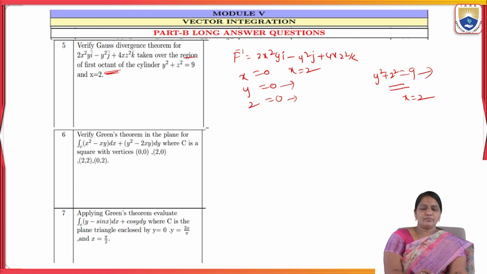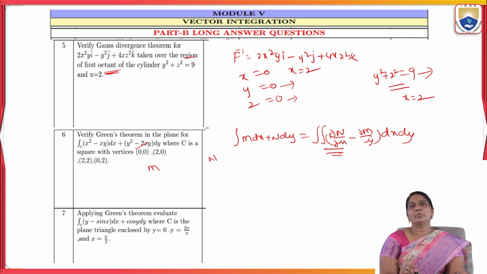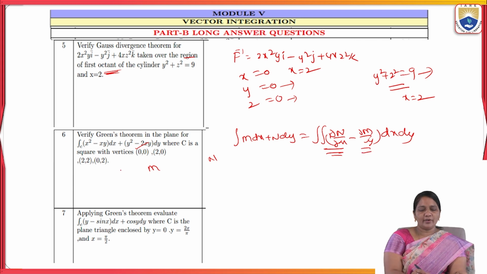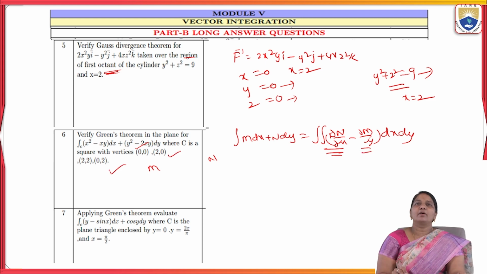So see the sixth one, verify the Green's theorem. Green's theorem is integral M dx plus N dy is equal to double integral over del N by del x minus del M by del y into dx dy. For this equation, what is the M value and what is the N value? After that we calculate del N by del x and del M by del y.